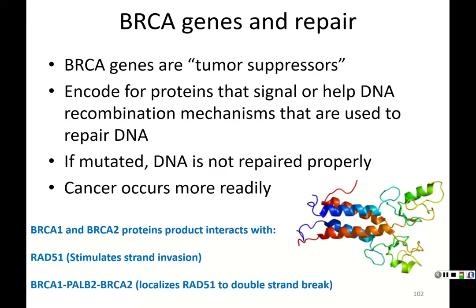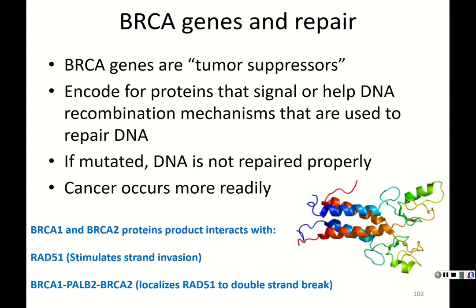So BRCA, it's probably a gene that you've heard of before. They're tumor suppressor genes. They encode for proteins that signal or help DNA recombination mechanisms that are used to repair DNA. So they're involved in this recombination process. Okay, if you have a mutated version of one of the BRCA genes, your DNA is not always repaired properly.